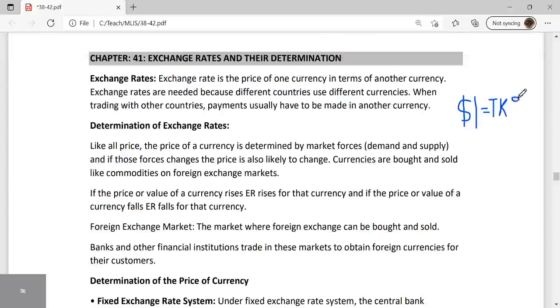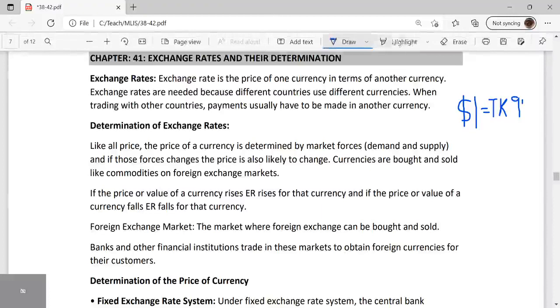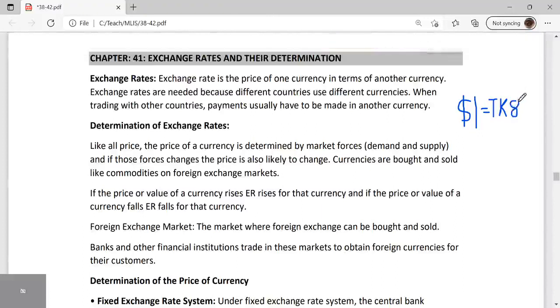Suppose this is currently, sorry, not 95, around 90. Let's redo this. Maybe around 85 taka, right? So this is the topic we are talking about today: the exchange rate. The price of one currency in terms of another.